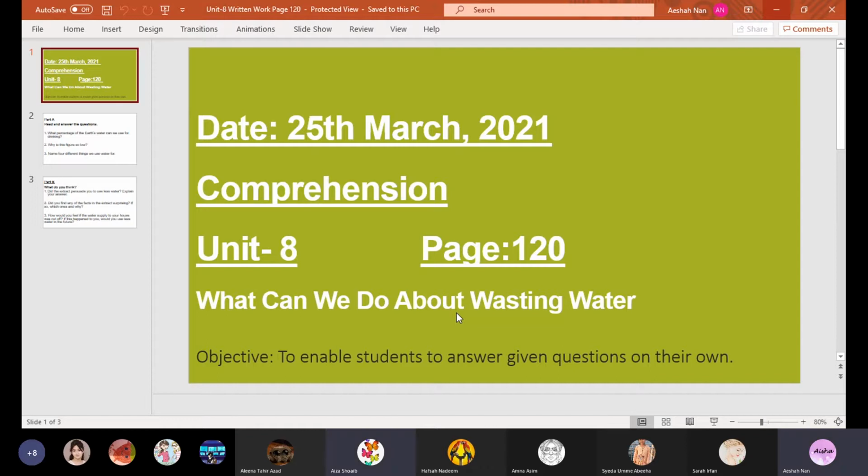We use water for drinking, washing our clothes, washing our car, flushing the toilet, washing vegetables. Yes. And you can write cleaning dishes, flushing the toilet, and watering plants.